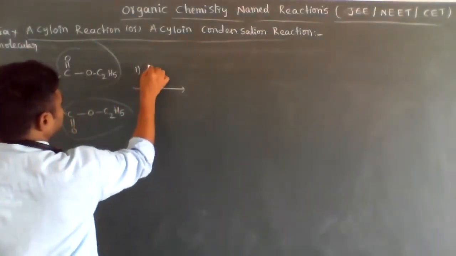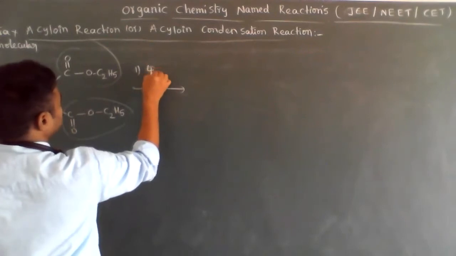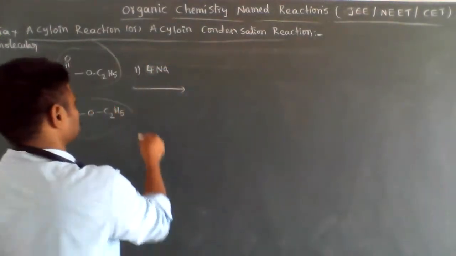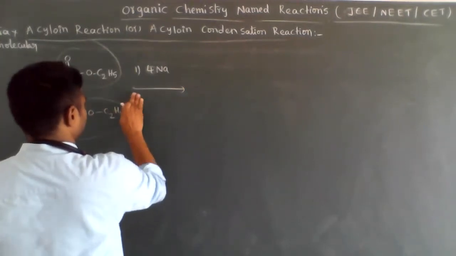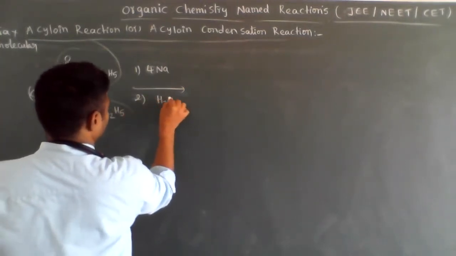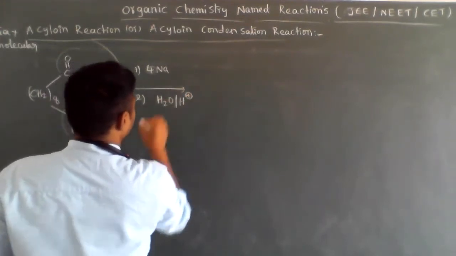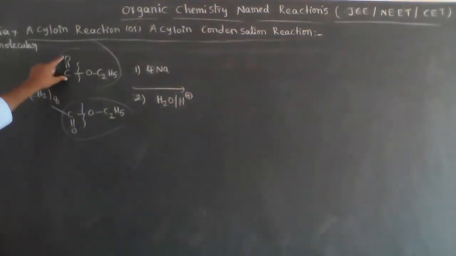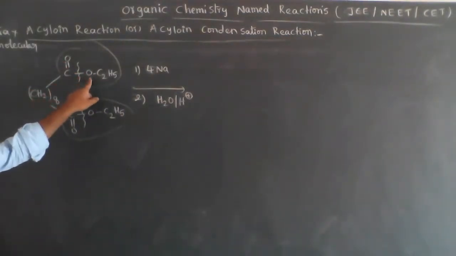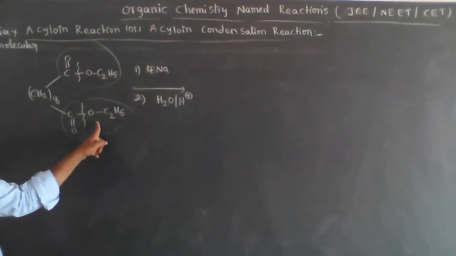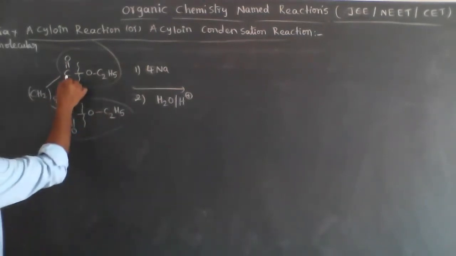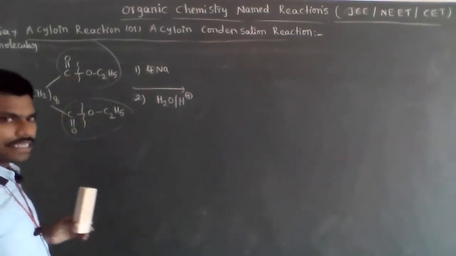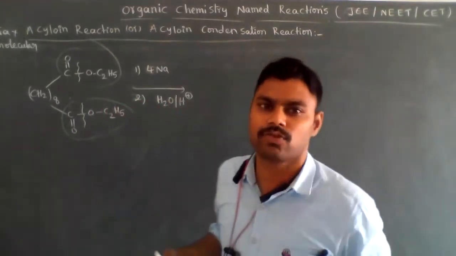Now, it reacts in the presence of sodium metal. How many moles of sodium metal are utilized in this reaction? That is also important. 4 moles. The second step is hydrolysis in acidic medium. This bond will break: C=O, then OC2H5. The ethoxy group comes out, and this other ethoxy group also comes out. Then they make one bond between the C=O and C=O. Then one C=O group is converted into CHOH.